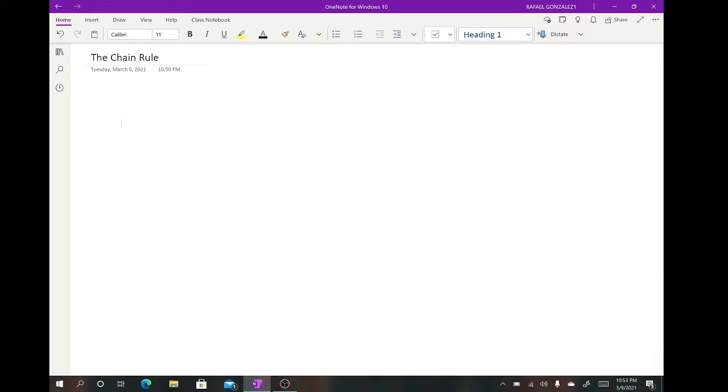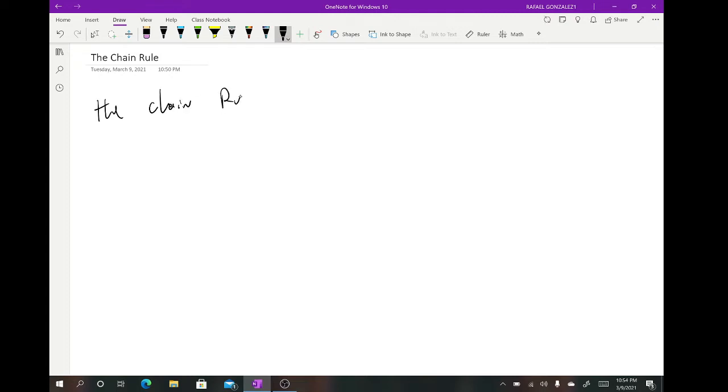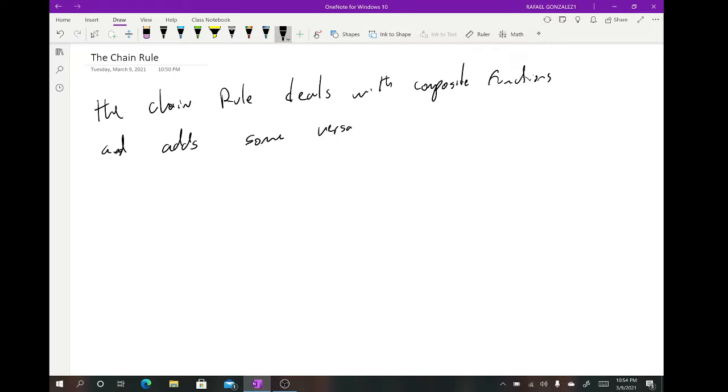This particular rule deals with composite functions and adds some, dare I say, versatility to the previous rules discussed.